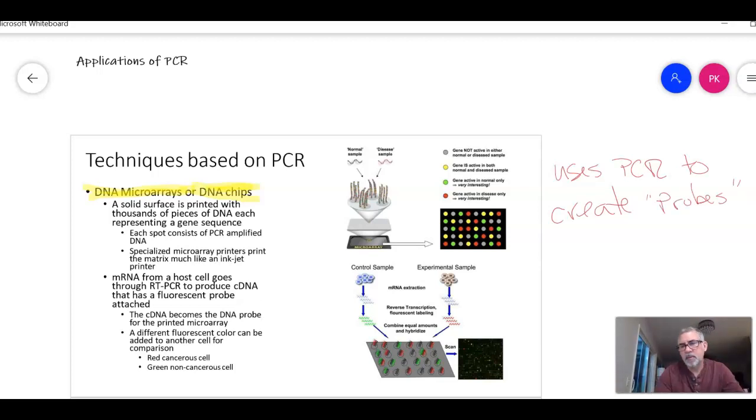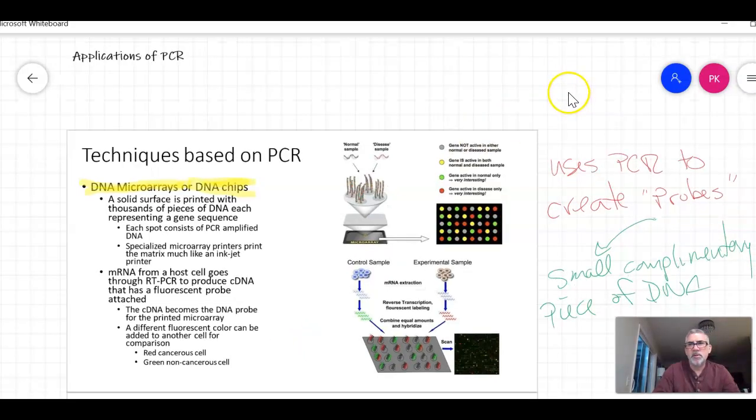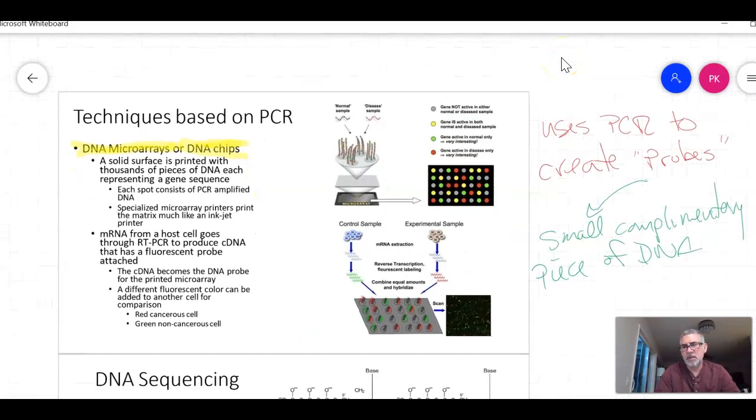So a probe is like a primer. So a probe is a small complementary piece of DNA. So it's much like a primer. So really a probe is used to what we call fish out DNA.